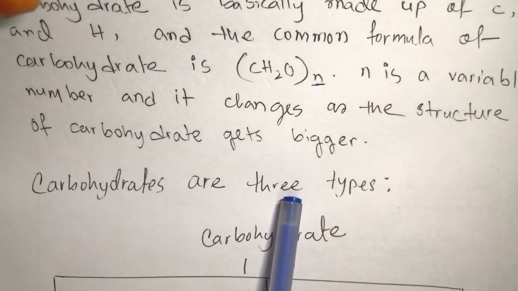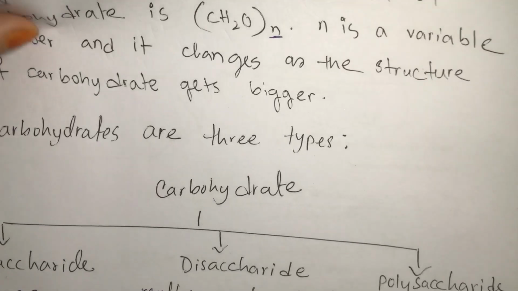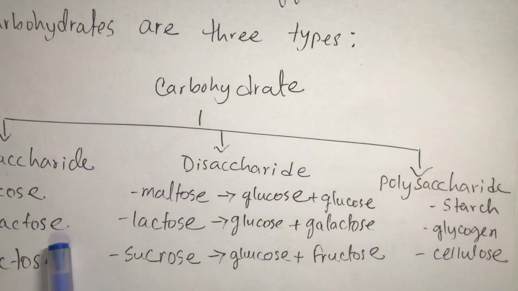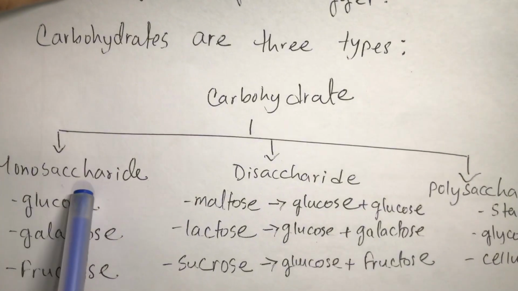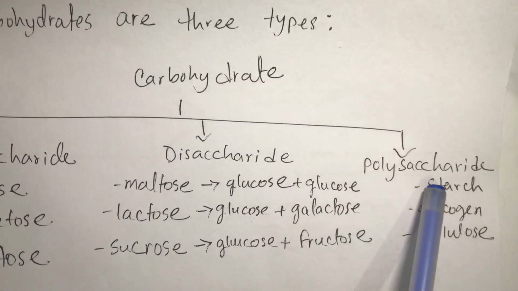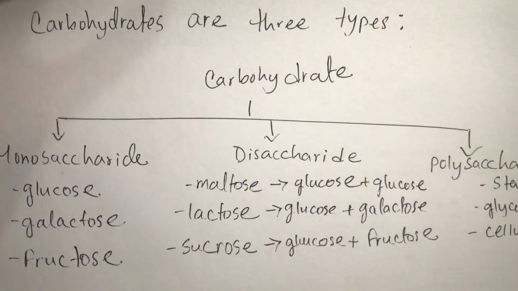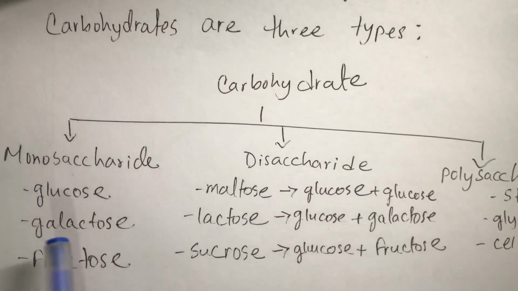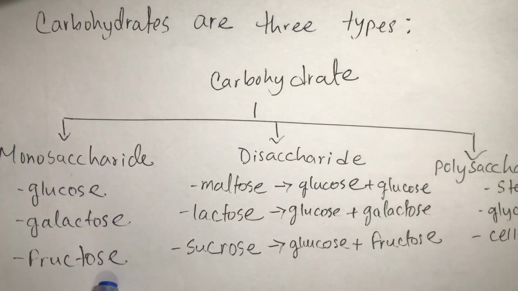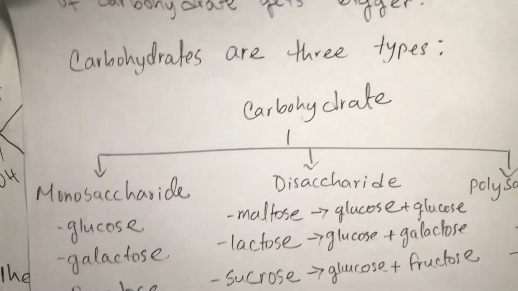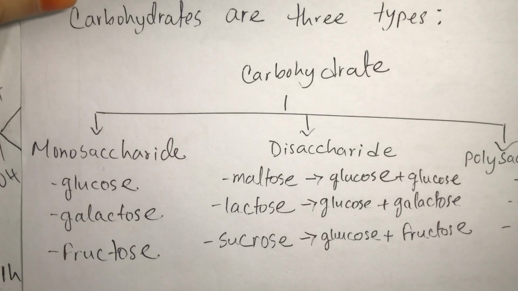Carbohydrates are of three types, and those are monosaccharide, disaccharide, and polysaccharides. Monosaccharides contain glucose, galactose, and fructose. So what are monosaccharides? It is only a single unit.